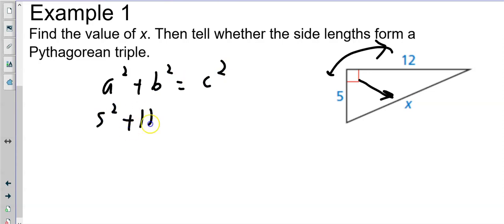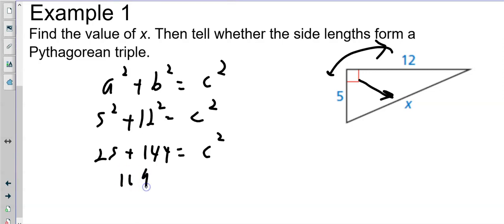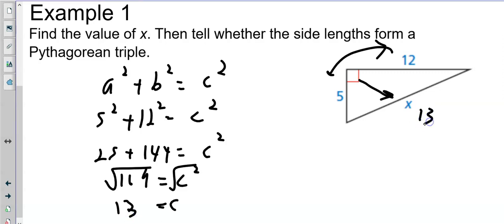So 5 squared plus 12 squared equals C squared. So 5 squared is 25, 12 squared is 144. And when you add those together, you get 169. And when you square root both sides, you actually get a whole number, 13. 169 is a perfect square. So this is 13.